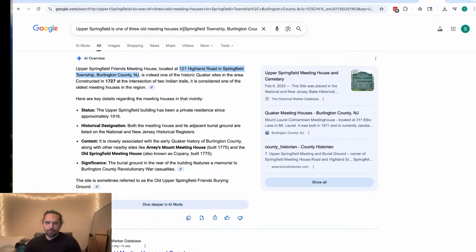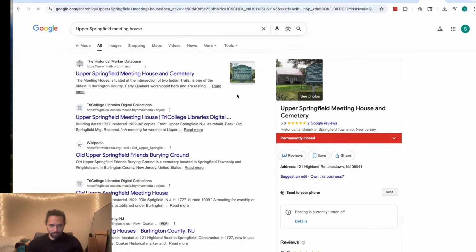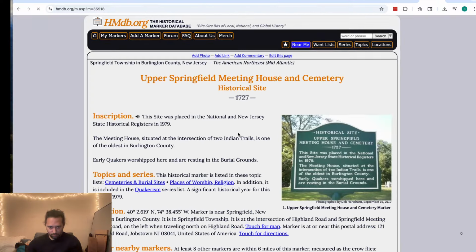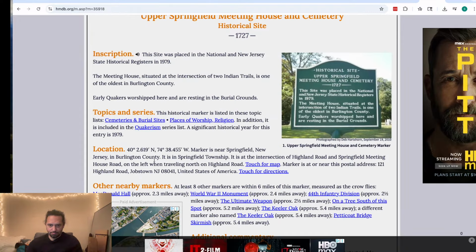Upper Springfield Meeting House. Meeting house situated at the intersection of 2 Indian trails. It is one of the oldest in Burlington County. Very cool.